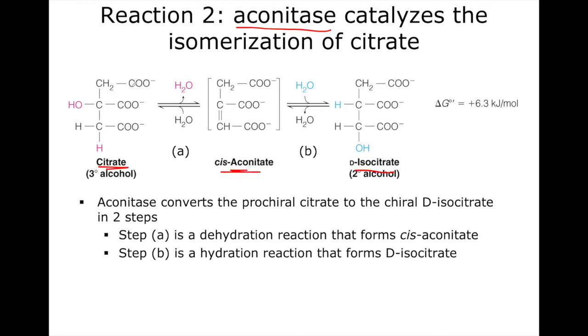Essentially, it converts this 6-carbon citrate, which is not chiral, so it has no stereocenters, into a chiral molecule, isocitrate. So we get a dehydration and then a rehydration. So we're removing water and then adding water back in order to get our isomerization. We're essentially moving this alcohol group from one carbon to another.